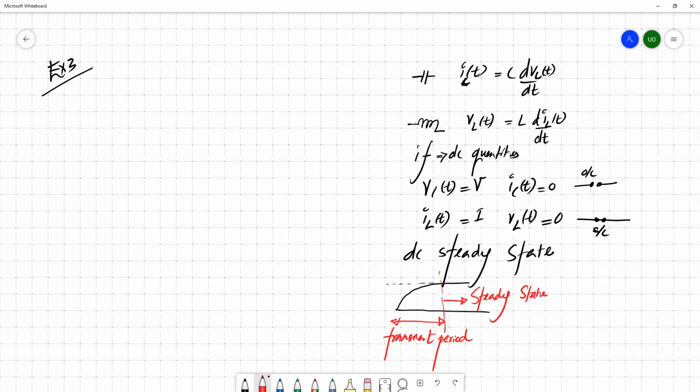Once this capacitor comes to a steady state, the voltage across the capacitor remains constant. I'm referring to the charging process of the capacitor. Once you apply voltage across the capacitor, it charges to the particular voltage. If we analyze the behavior of the charging process, we find that during this 5 times tau, the voltage across the capacitor is gradually increasing.